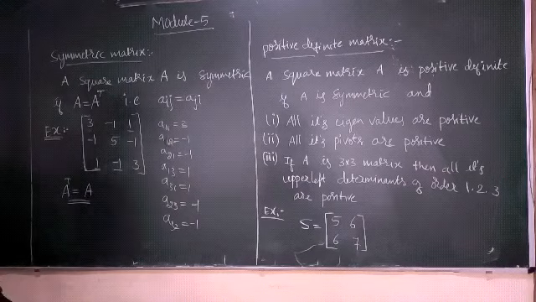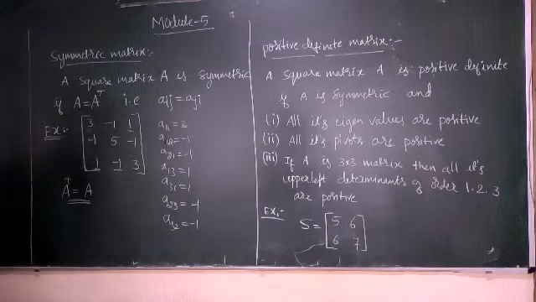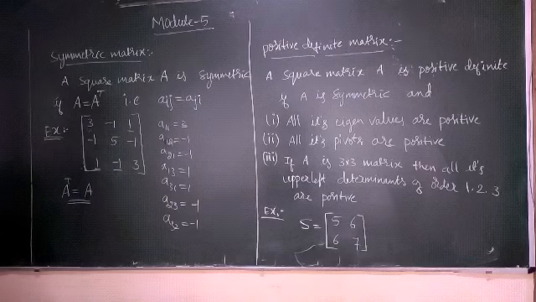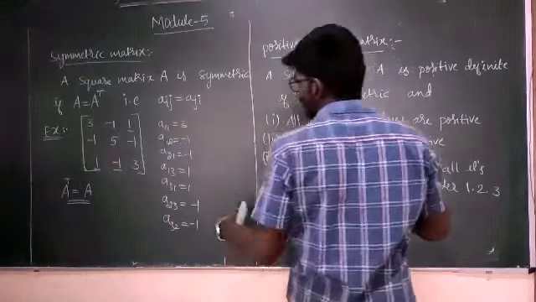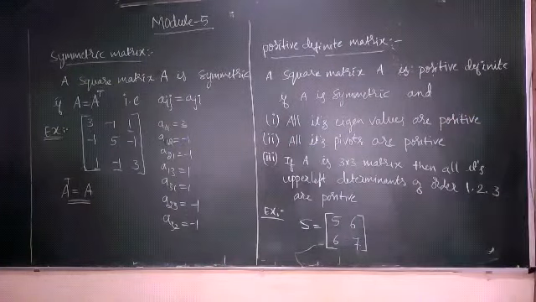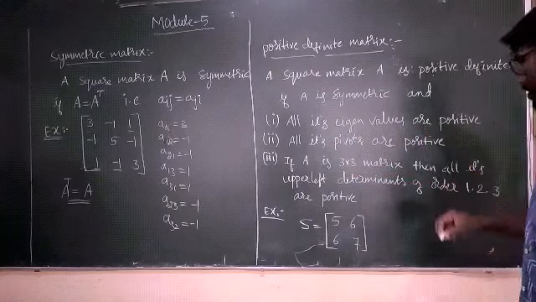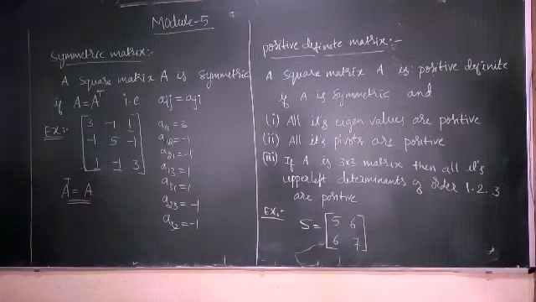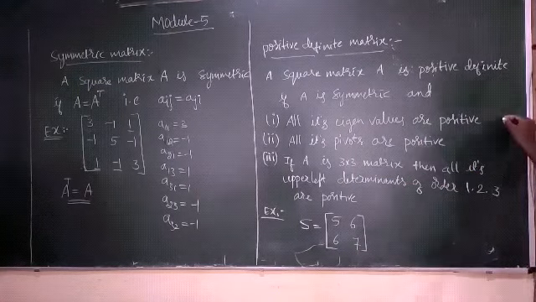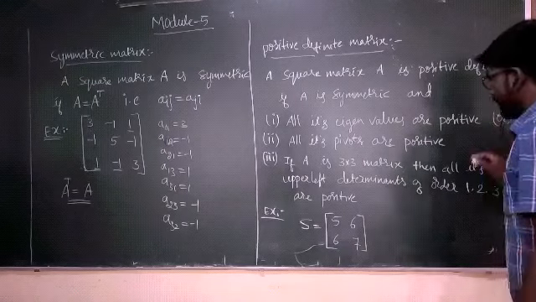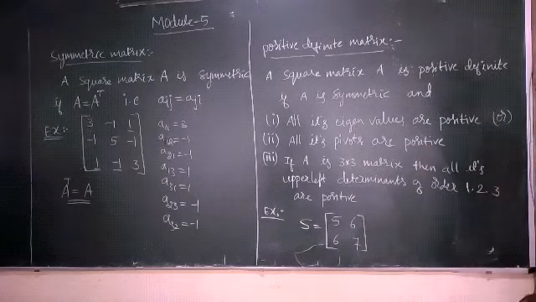Next, positive definite matrix. What is a positive definite matrix? A square matrix A is positive definite if A is symmetric and all its eigenvalues are positive, or all its pivots are positive.